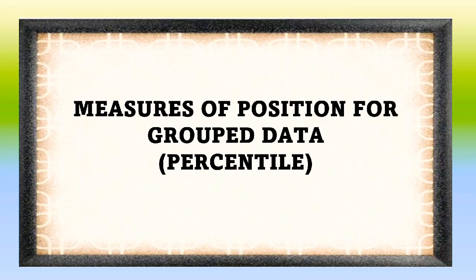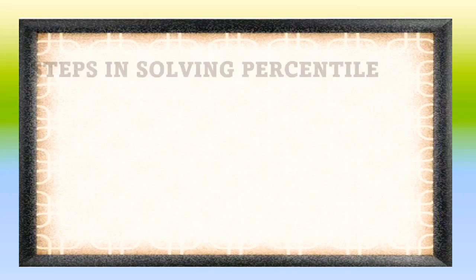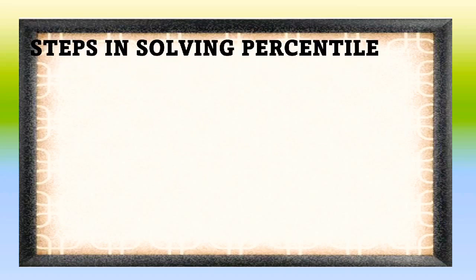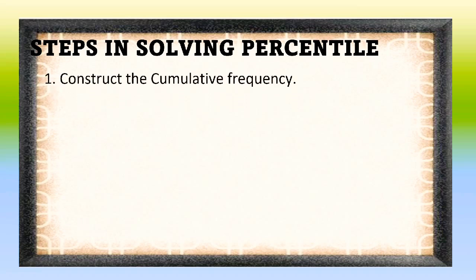At this moment, I'm going to discuss measures of position for group data, particularly the percentile. Here are the steps that we need to consider in solving for percentile for group data. Number 1, construct the cumulative frequency.